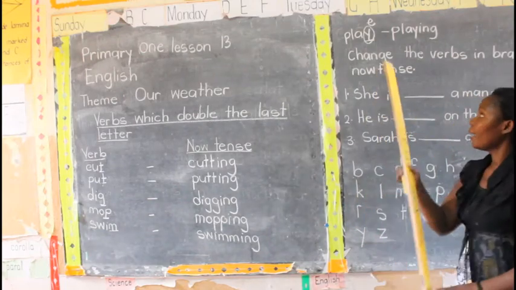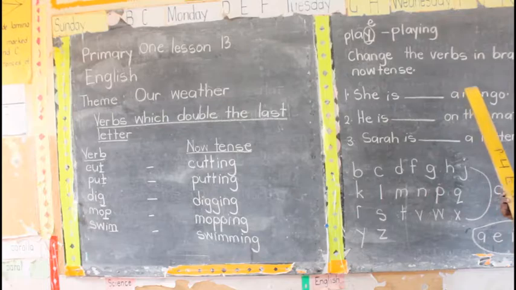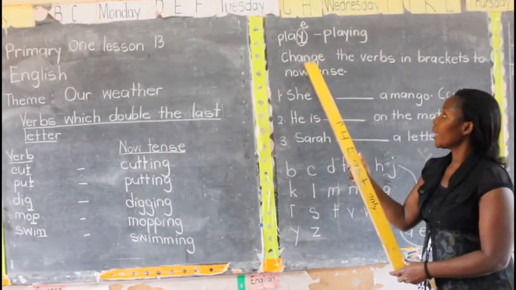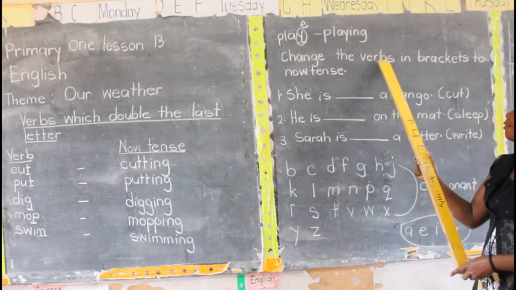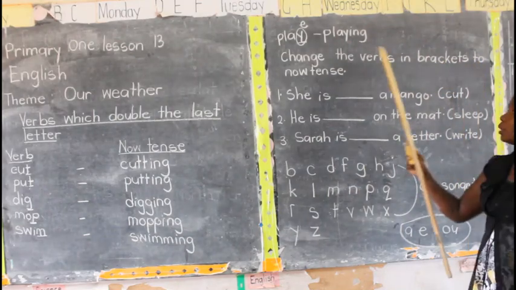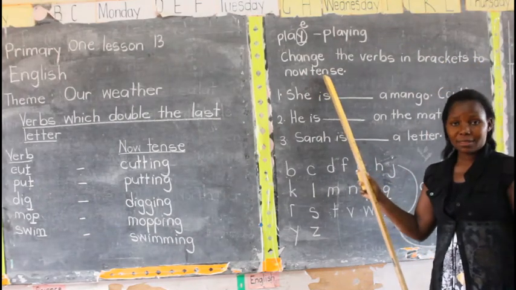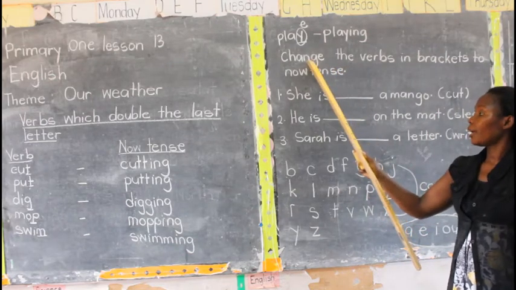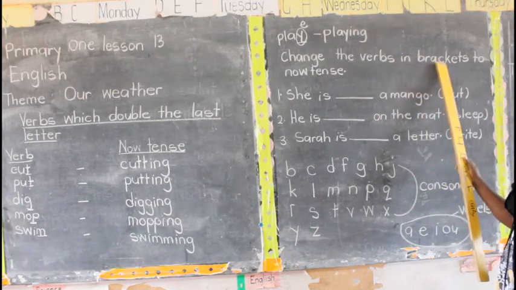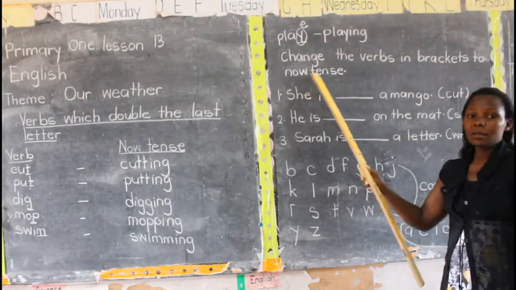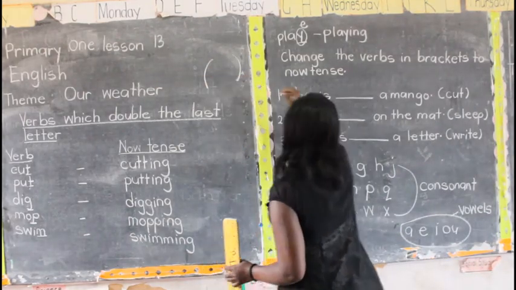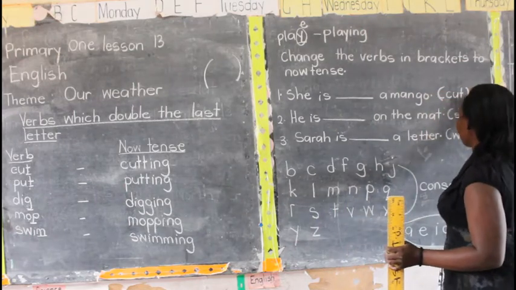Let's first see here. Here they can give you in a sentence form. And here the instructions are instructing us to change the verbs in brackets to now tense. The instructions are change the words, we call them brackets.